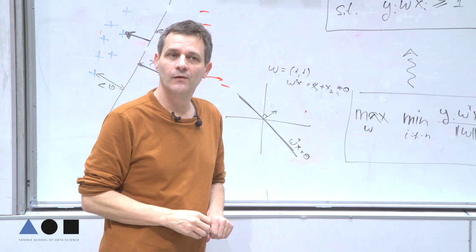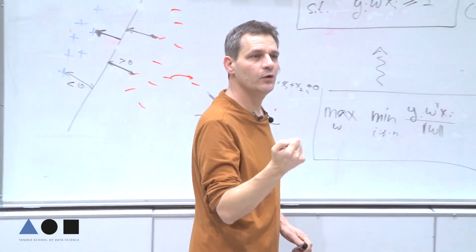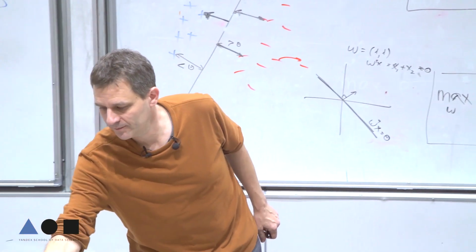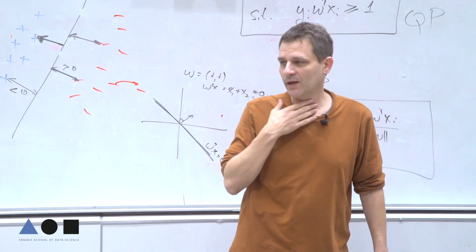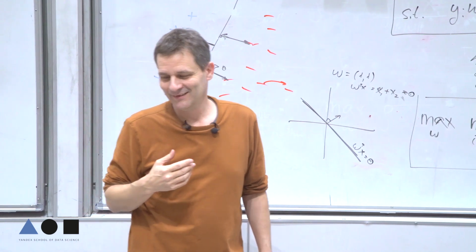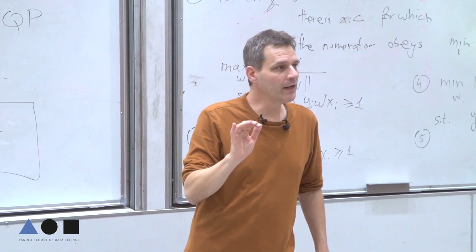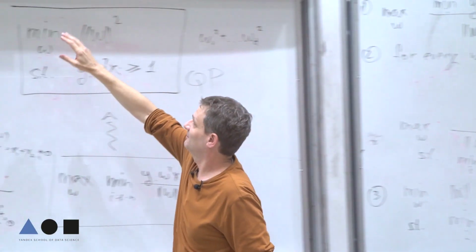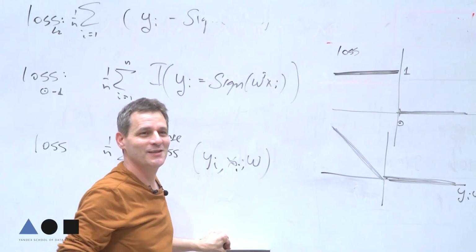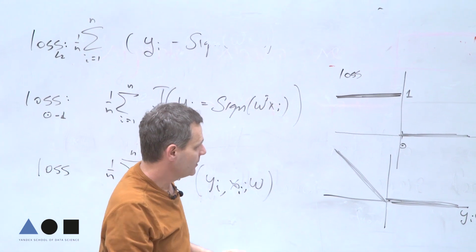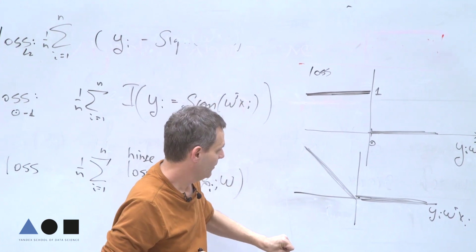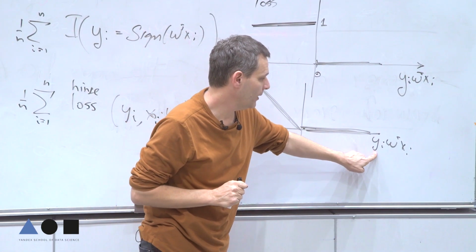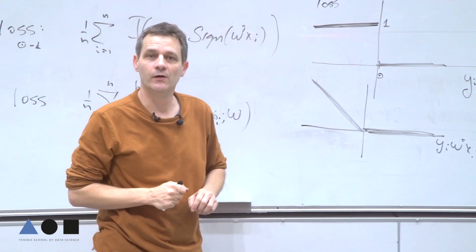In the hinge loss, we were penalized if yi w transpose xi was smaller than 0.